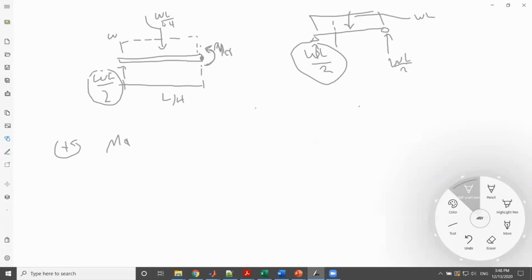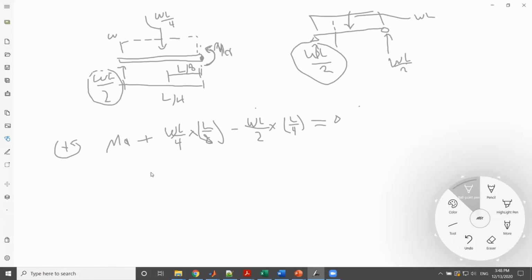MA plus WL divided by 4 multiplied by the moment arm, which is L over 8, and minus, since it's going to cause clockwise rotation, WL over 2 multiplied by the moment arm, L over 4. All right, so now all equal to 0.